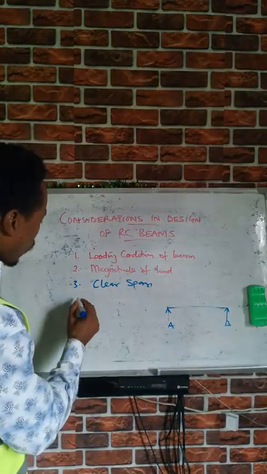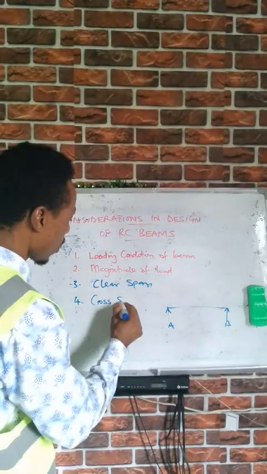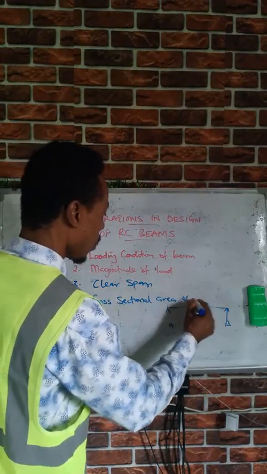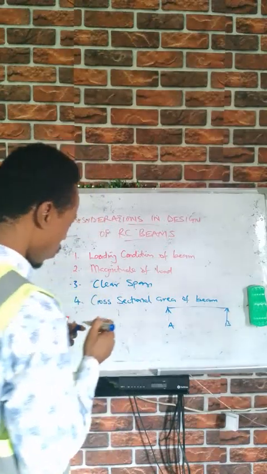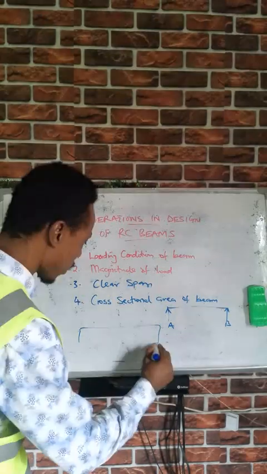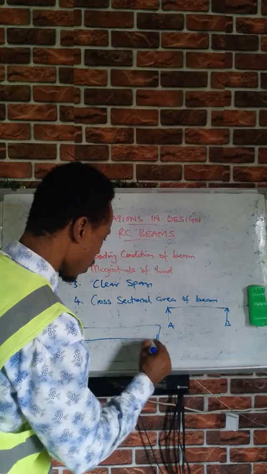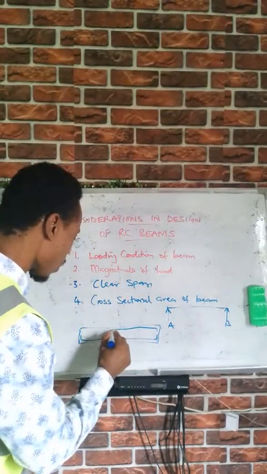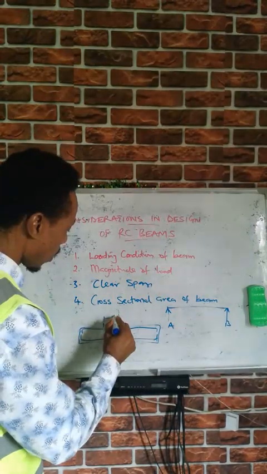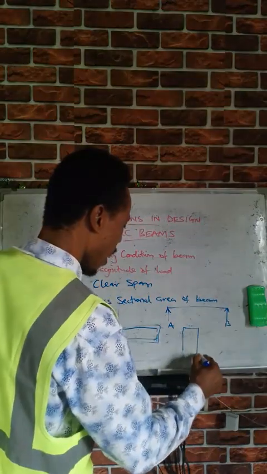The other thing we also have to look at is the cross-sectional area of the beam. Now this cross-sectional area of the beam, for example, you have your beam in this format. You have the reinforcement running this way. Now when you cut a section, let's say section XX, you are expected to see something like this.